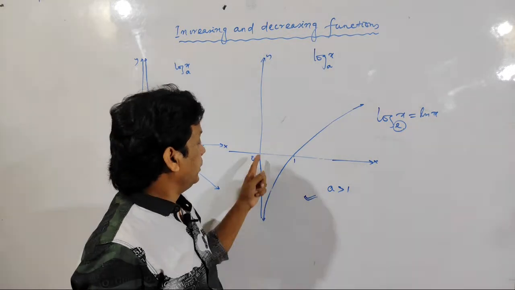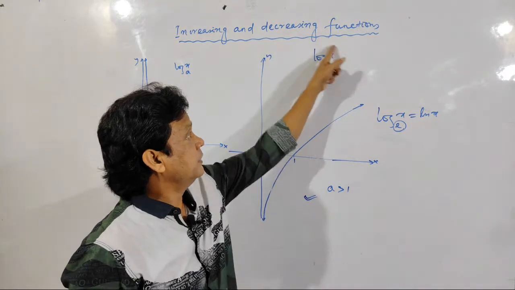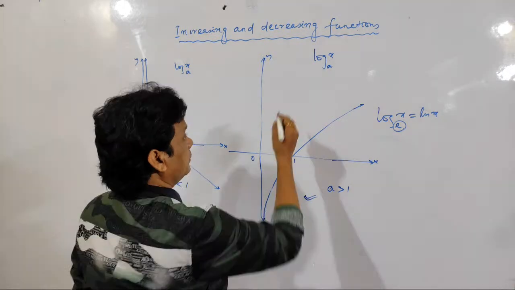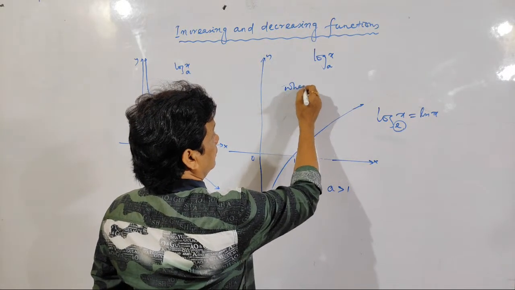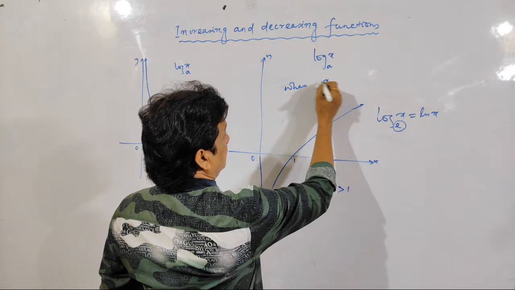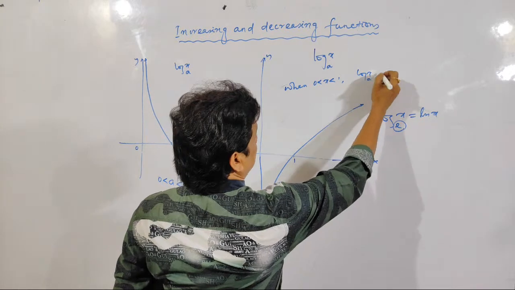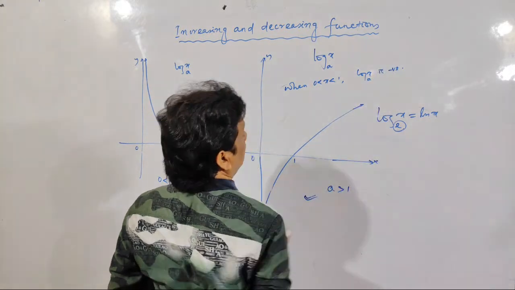Clear? When x is greater than 0 and less than 1, log x to the base a is negative. You may write also less than 0.